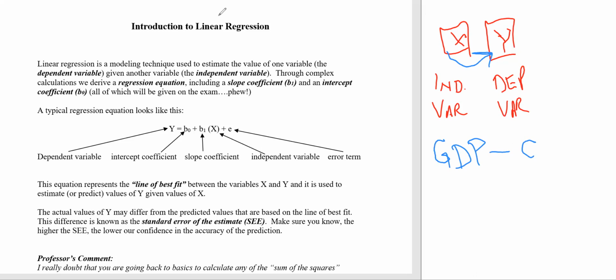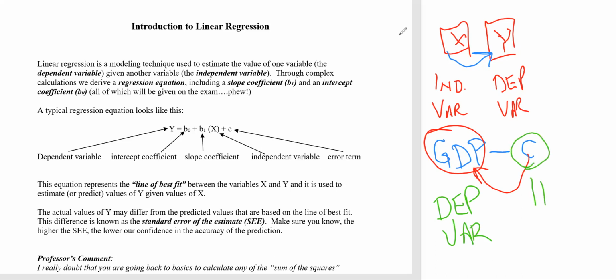Okay, so we could argue that GDP is derived from, among other factors, consumer spending. So what I want you just to take away from this is that the GDP would be the dependent variable, DEP, and the consumer spending then would be the independent variable.